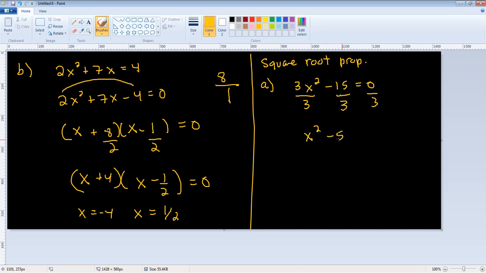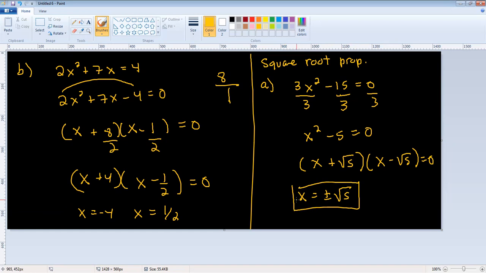Well, I can reduce some stuff real quick here. So I can get this. And then this is plus square root of 5, and this is minus square root of 5. So what do we get at the end of the day? We just get x is equal to plus or minus square root of 5. Wonderful.